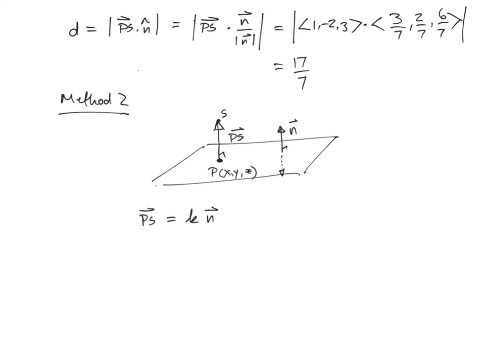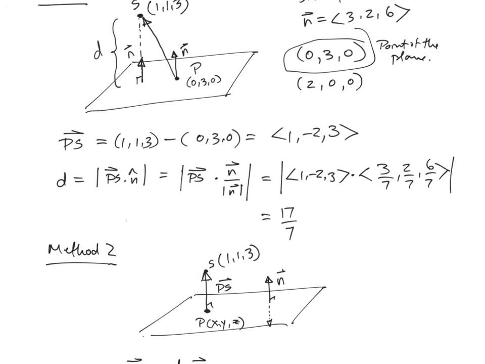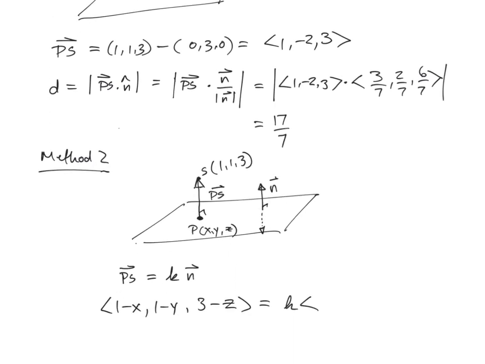Okay, well, we can now write PS. PS is going to be what? PS is going to be 1 minus x, 1 minus y, because S is equal to what again? S is equal to, I should write that down, 1, 1, 3. 3 minus z is equal to k, and what is n? n was, if we go back here, n was 3, 2, 6.